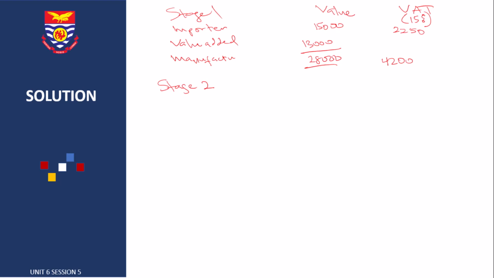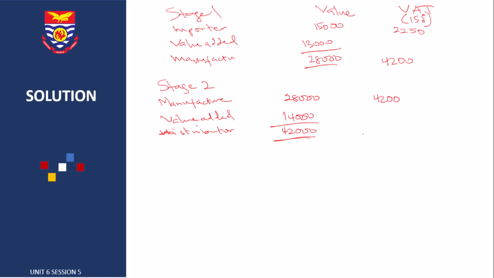The manufacturer had it at 28,000 and sold to the distributor for 42,000. The difference gives us 14,000, that is our value added. So here the input tax is 4,200 and the output is 6,300.